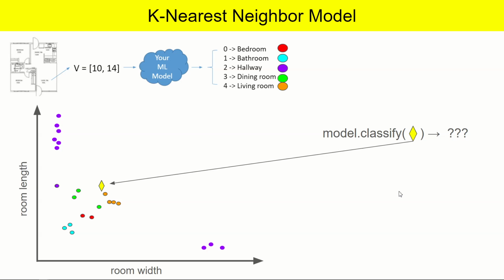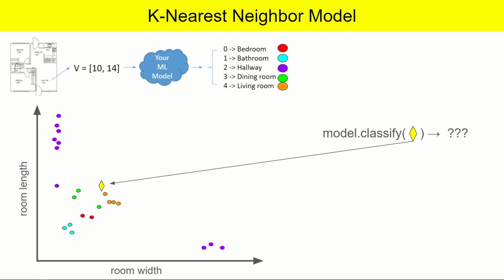So let's talk about how a K-nearest neighbor model actually does the classification. Let's say I gave it an input that was right here. I'm going to run model.classify on a length and a width that was here. The way K-nearest neighbor works is we want it to look for the most similar training example that it's seen.